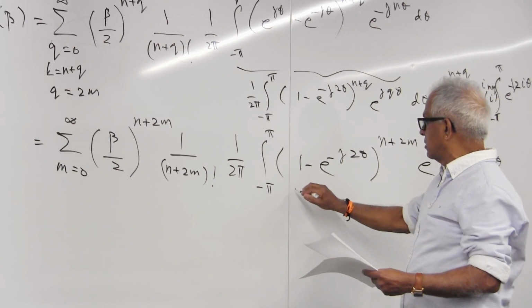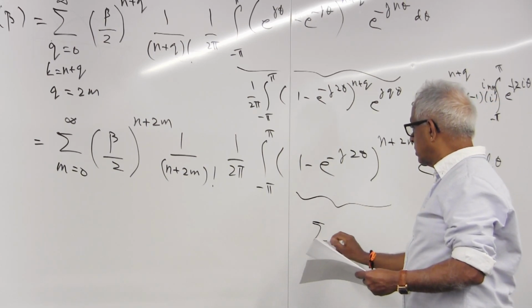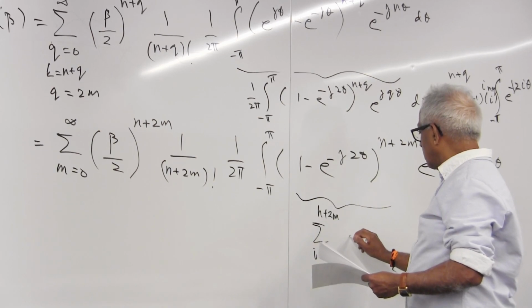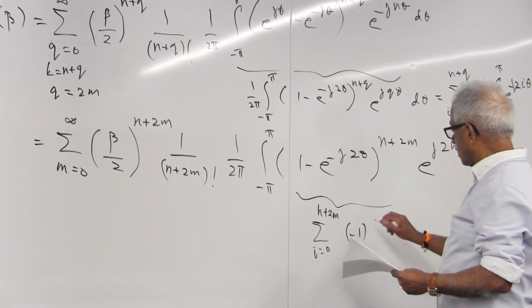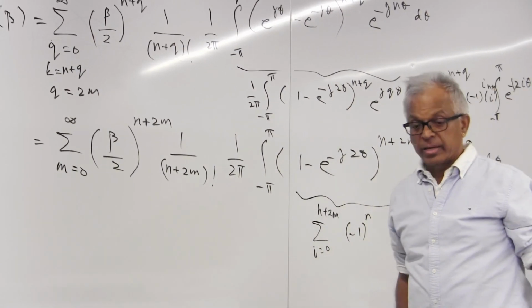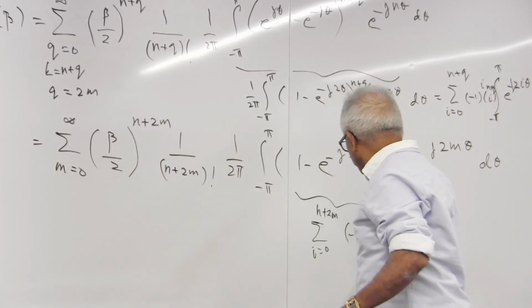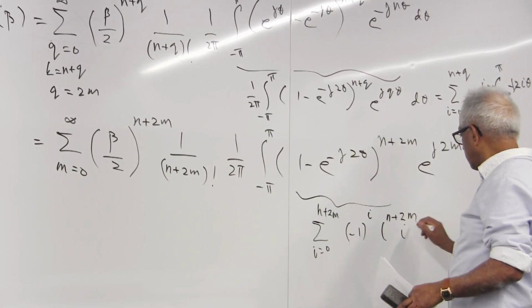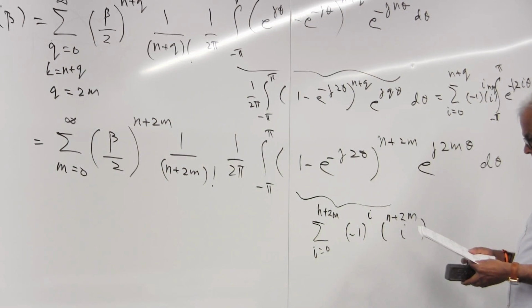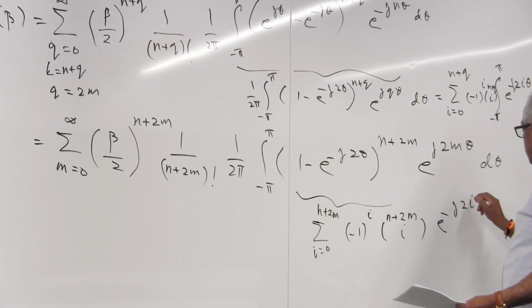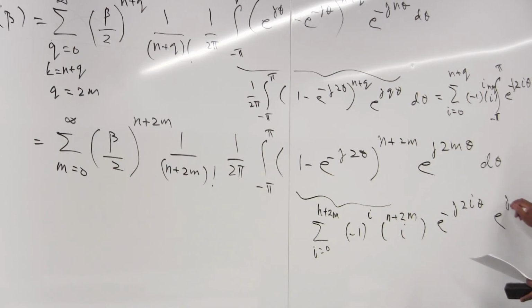And this, if you expand, is summation I equal to 0 through n plus 2m, minus 1 to the power I, n plus 2m choose I, e to the power minus j2i theta, then e raised to j2m theta d theta.